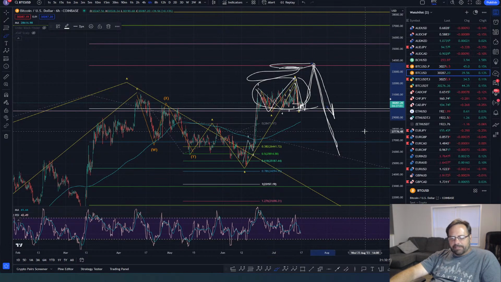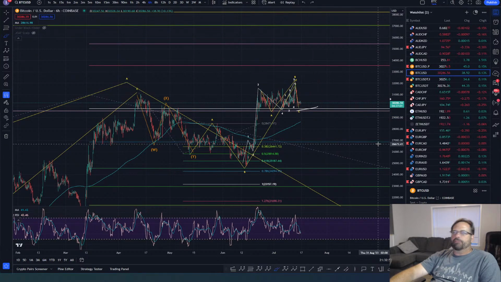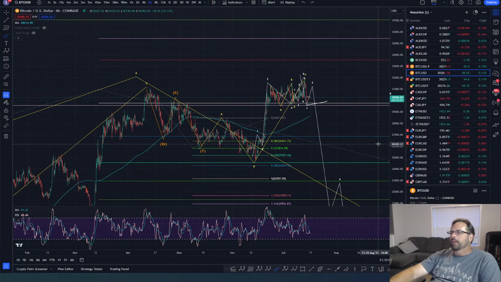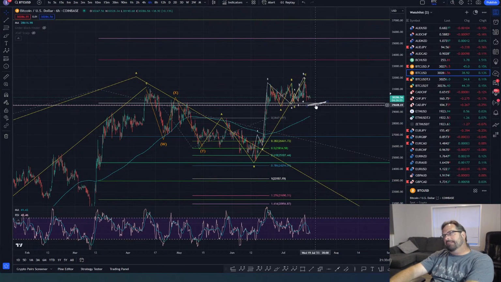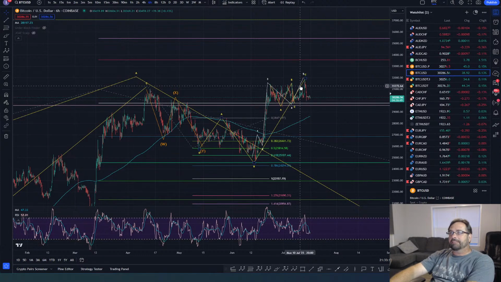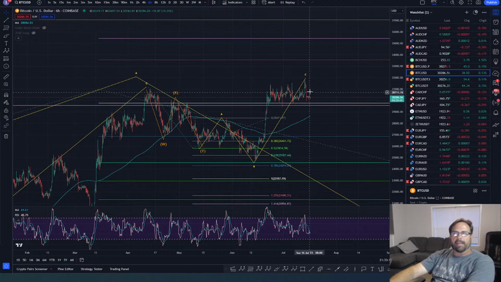So guys, this is a challenging area of the market to trade. Definitely challenging, because they painted the waves in such a way that they could take price up very easily, and there's plenty of accounts that take us up, and they could take us down. It really depends on where the liquidity is.